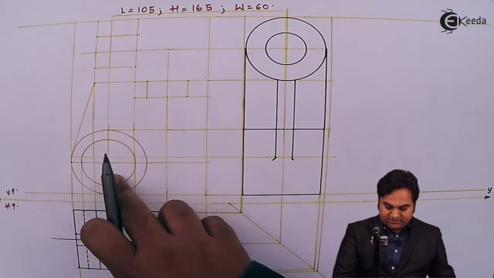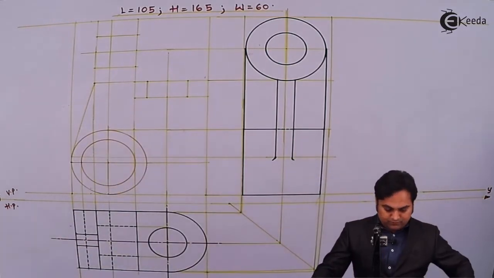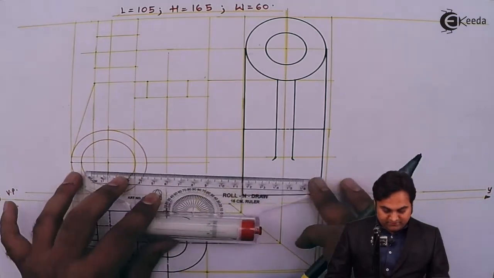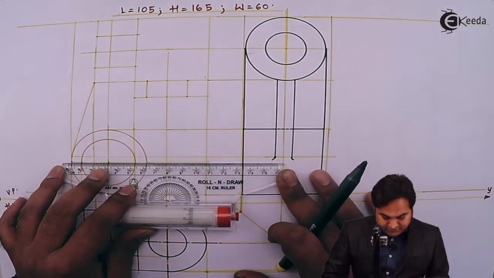Then there is another circle inside the cylinder throughout the width. For that, I have this circle in the front view, so projecting its center line.